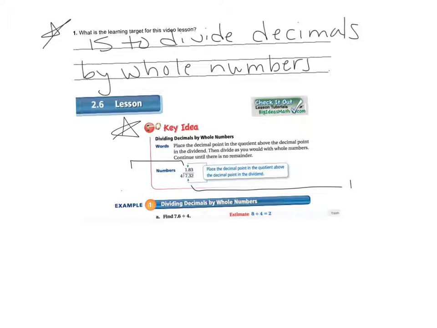So, dividend is on bottom, and quotient is on top. And that is very important to remember. And then you divide as you would with whole numbers. And you continue until there is no remainder.